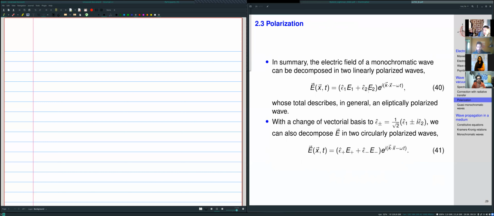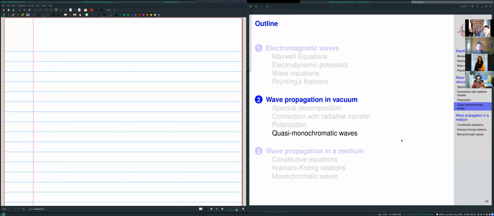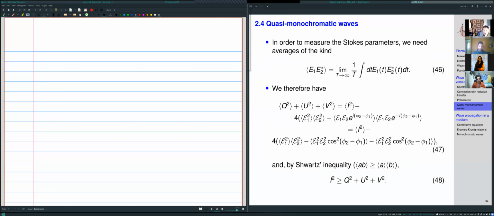Now going back to the case of quasi-monochromatic waves, when we want to measure the Stokes parameters, in practical terms we take averages of the Stokes parameters, so we need to compute this type of averages.